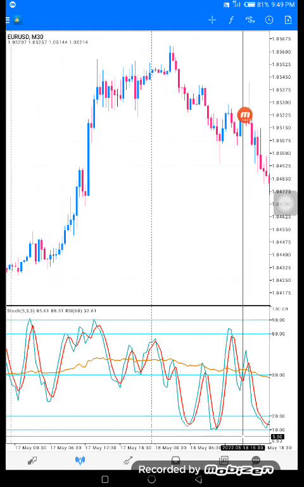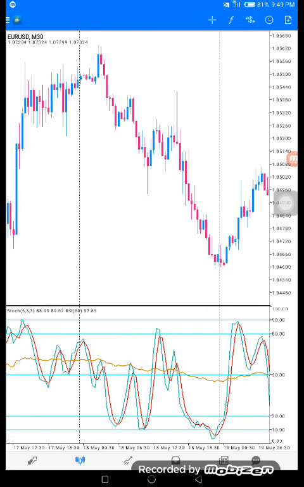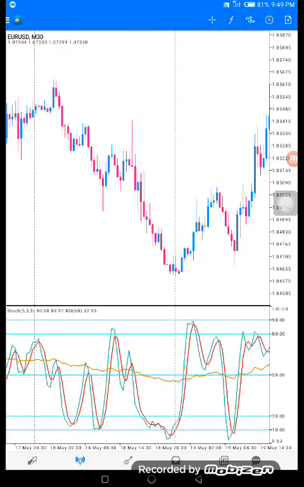You understand? Then the RSI now crosses and is below the level 50. There's a crossover here.